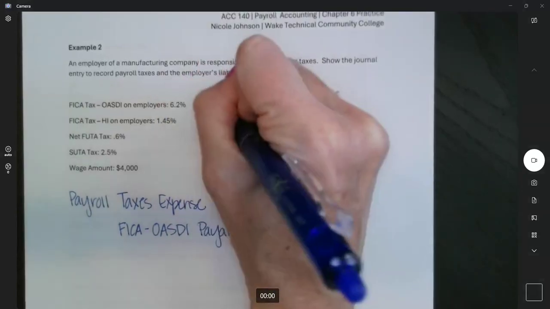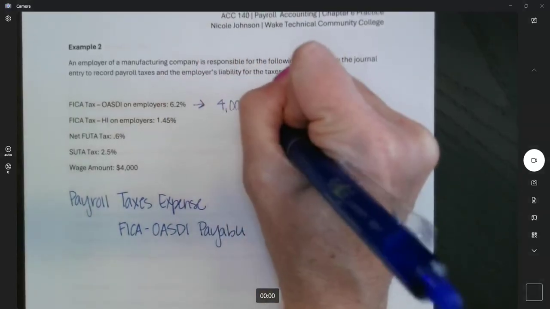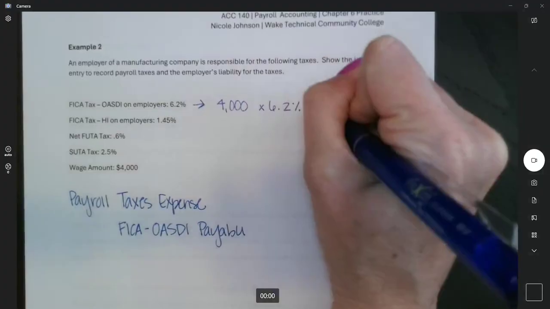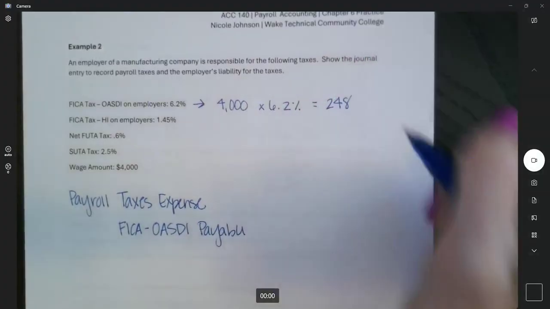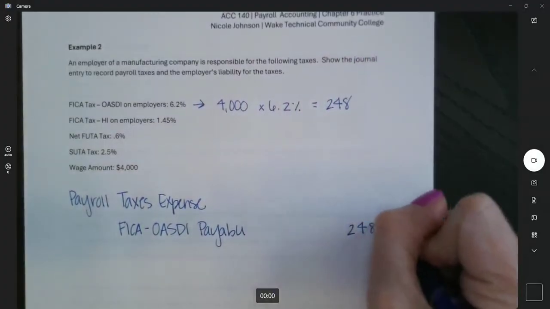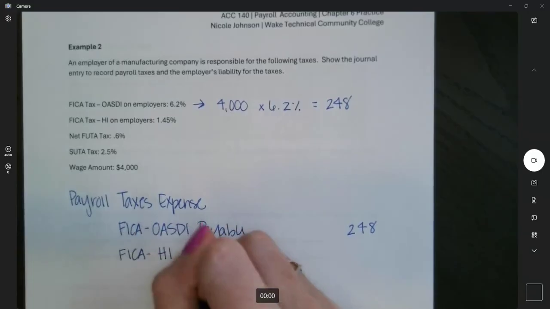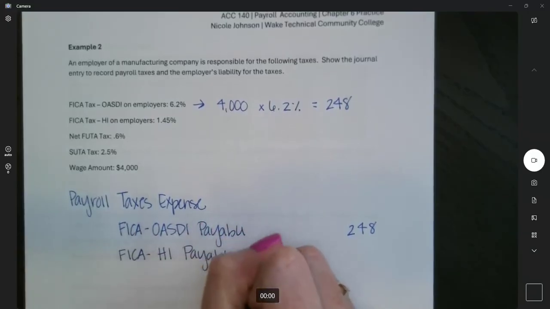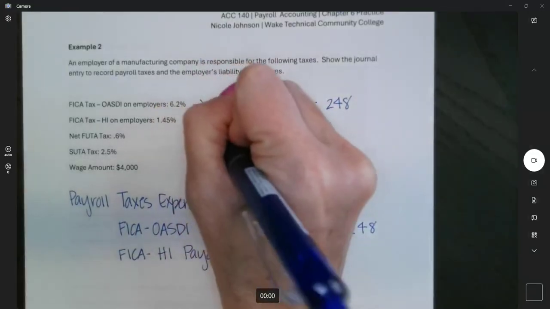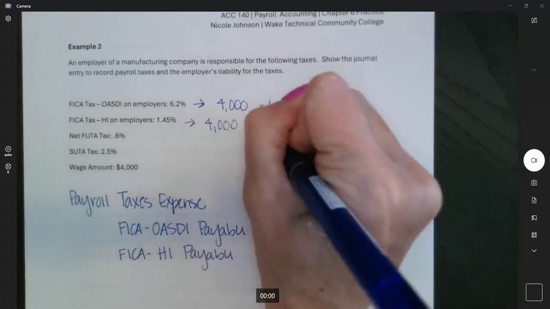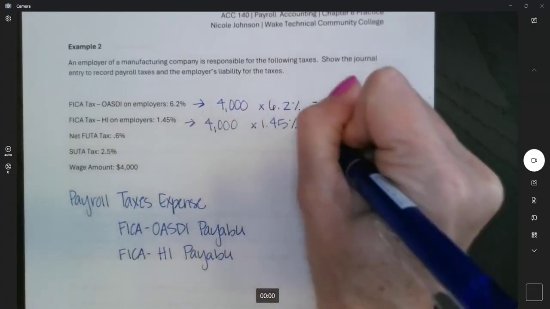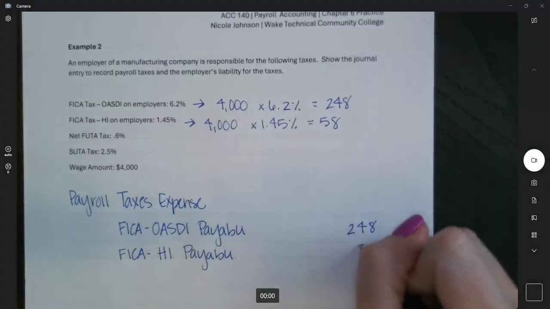We'll be taking 4,000 times 6.2%. We'll get $248. That'll be a credit to that account. Then we'll do FICA for HI. We will take the 4,000 times 1.45%. We will get 58, and that'll be our credit for that one.